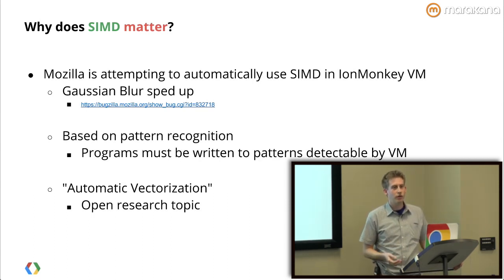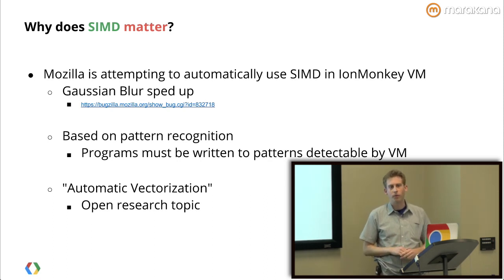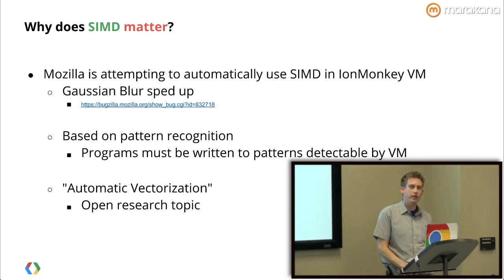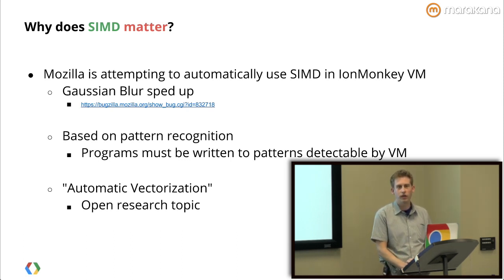And in cases where it does get it right, it works quite well. But it's based on pattern recognition, which requires you to write your program in some way that the VM itself can detect, hey, here's a good opportunity to use SIMD. I don't think that's the optimal way to expose SIMD to the web. I think the optimal way is to really give you, the developers, the power to do it yourself and use these processors exactly as you want.